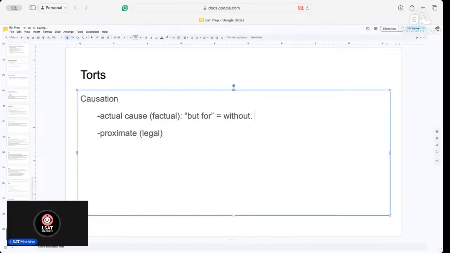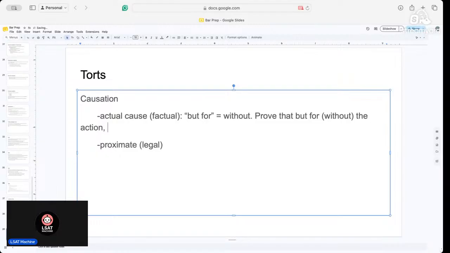So you prove that but for, without the action, the harm would never happen. Okay. Yes, and I was right. I'm glad I switched that. Good. Actual and factual go together.